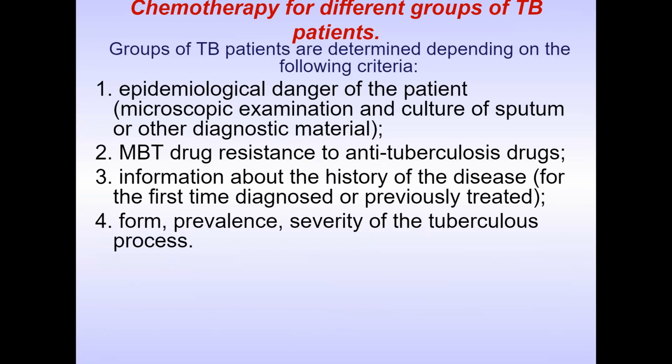Groups of TB patients are determined depending on the following criteria. The first one is the epidemiological danger of the patient. The second one is the resistance of MBT to antituberculosis drugs. The third one is information about the history of the disease. And the fourth is the form, prevalence, and severity of the tuberculosis process.